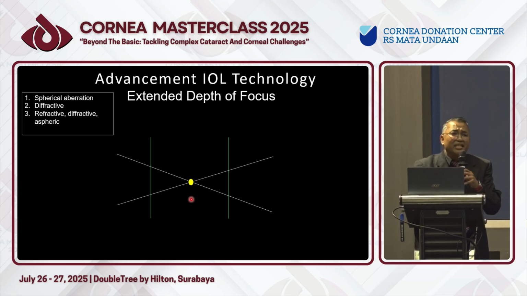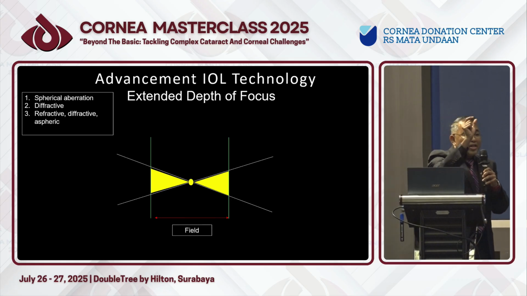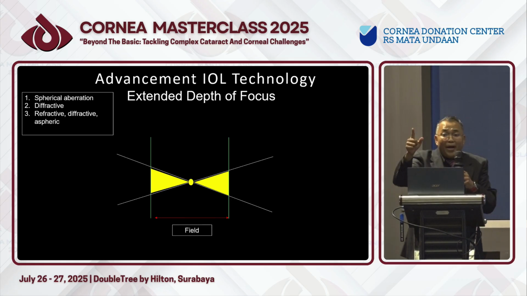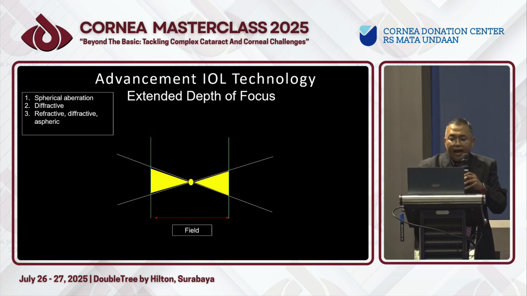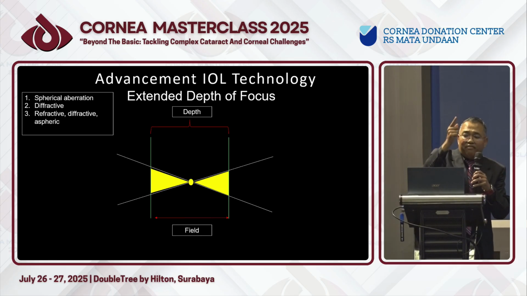You can still see clear, even though it's not sharp, but you can still see 6 over here. That's why we identify that as the field. Within that field, you can still see clearly, despite it being only one single focus. And that particular field, we call the depth of vision. And that's why you have extended depth of focus.